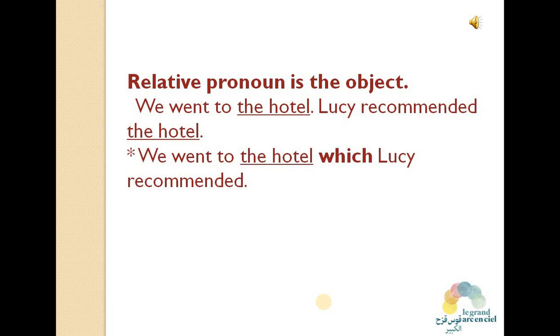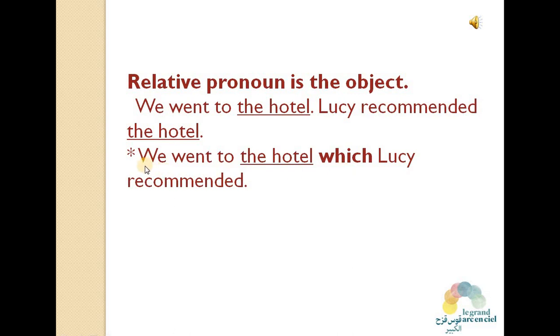So as we said, relative pronouns can be objects of the relative clause. We went to the hotel. Lucy recommended the hotel. So we can combine the two sentences because we've got the hotel in common and replace it with which because it's an object, it's not a person, and get the following sentence.